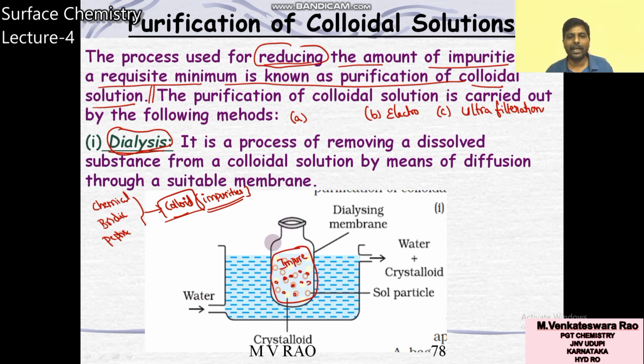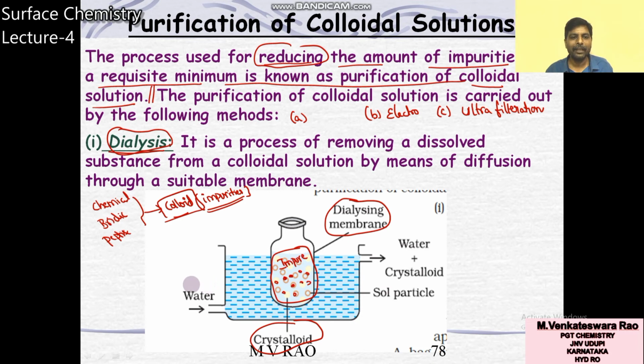So this colloid is taken in a membrane, a dialyzing membrane. This impure colloid contains some dissolved substance, a crystalloid. You want to reduce that amount.